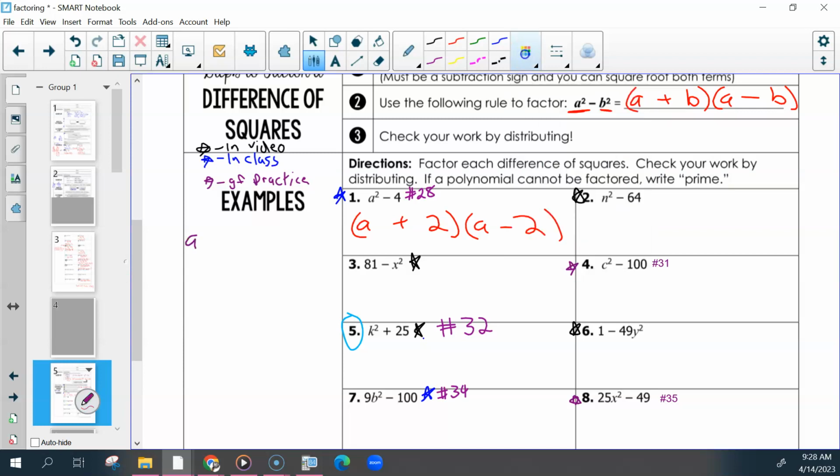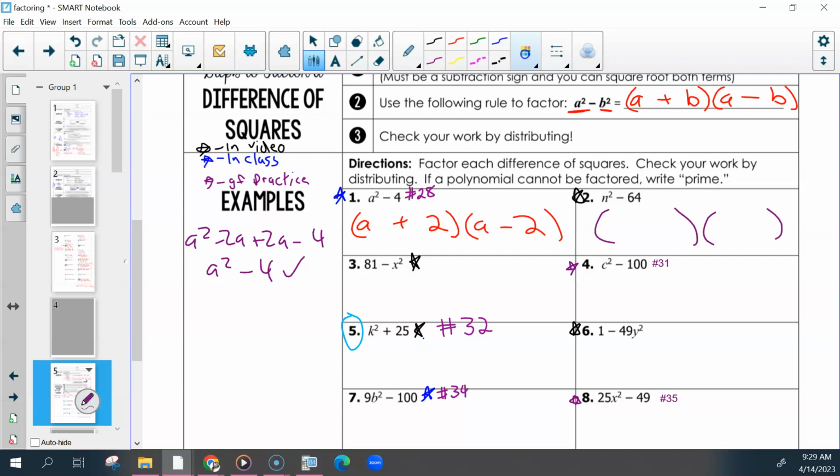A times a would be a squared, a times negative 2, negative 2a, 2 times a, positive 2a, 2 times negative 4, negative 4. Do we have to? No. Okay, let's try another one, then we'll do some different ones.